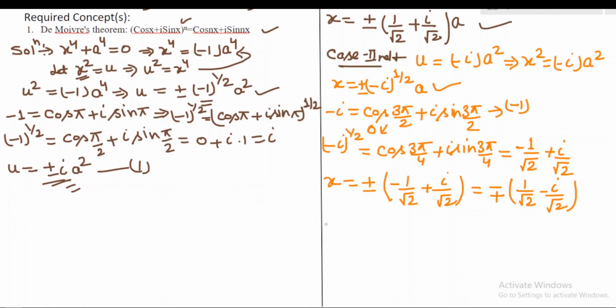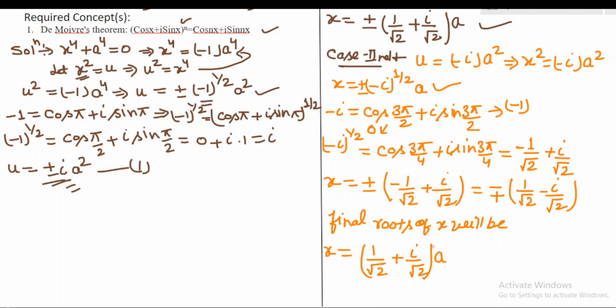The final roots of x will be: x equals, if we take the positive roots first, 1 upon root 2 plus i upon root 2 with this a, and we have missed one thing, that is a.